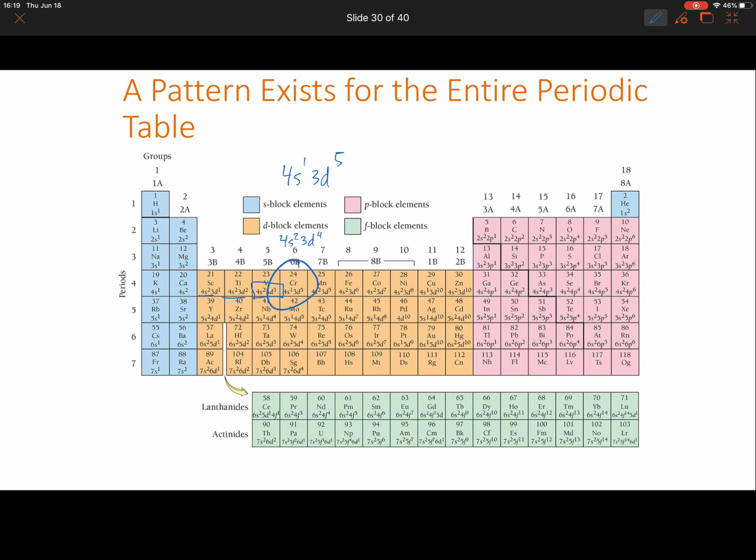And it makes more sense when we look at the orbital diagram. So here's 4s2 3d4. That's what the orbital diagram looks like for chromium if it followed the trend. Now, instead of following the trend, it does this.